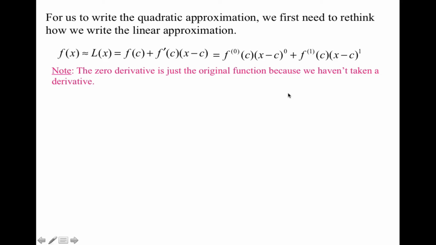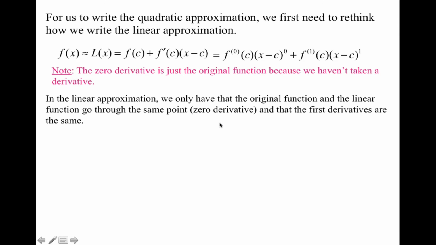Note that the 0 derivative is just the original function because we haven't taken a derivative. So this right here is just this piece. In the linear approximation, we only have the original function and the linear function go through the same point, the 0 derivative, and the first derivatives are the same.